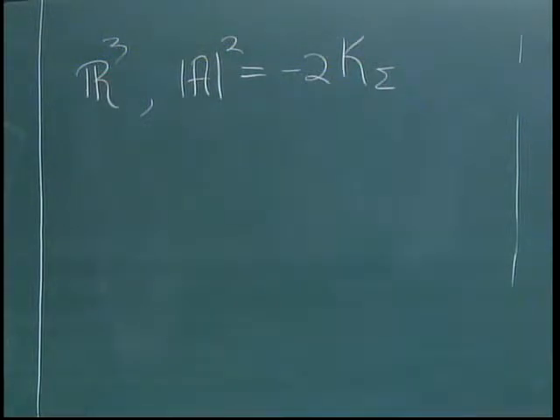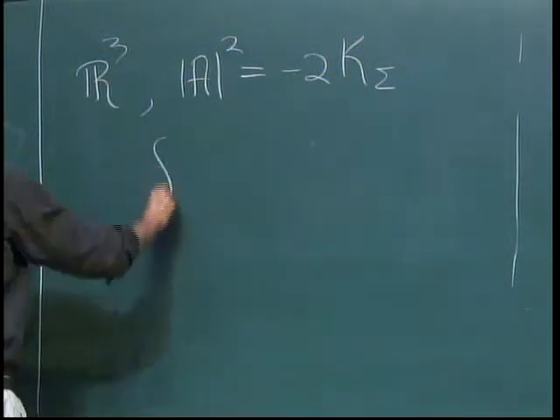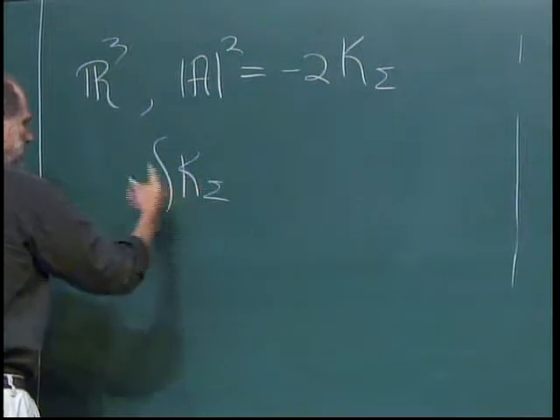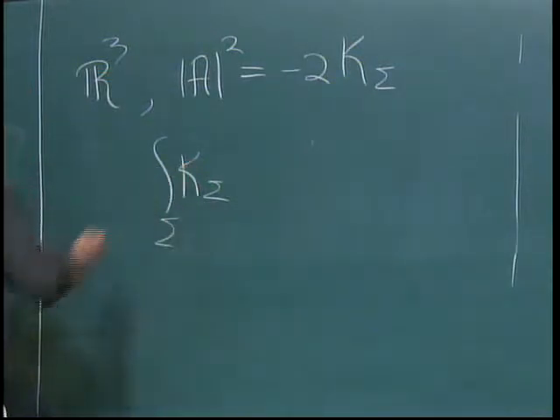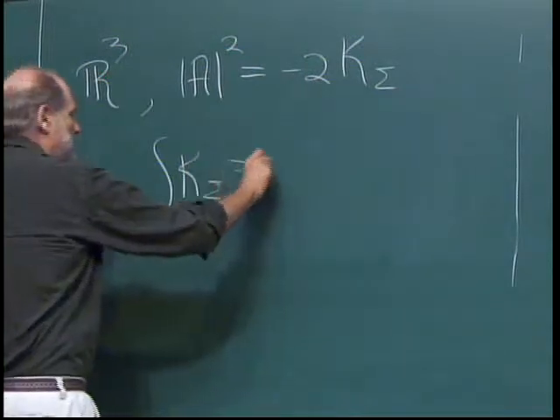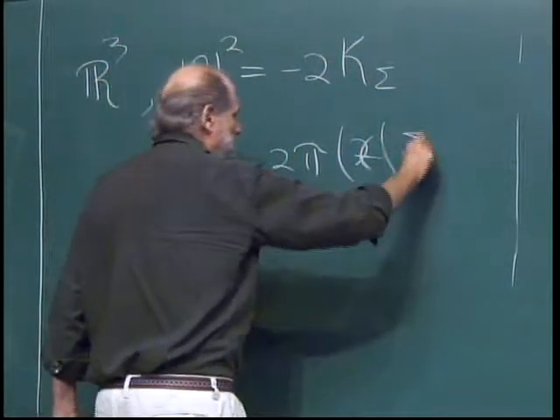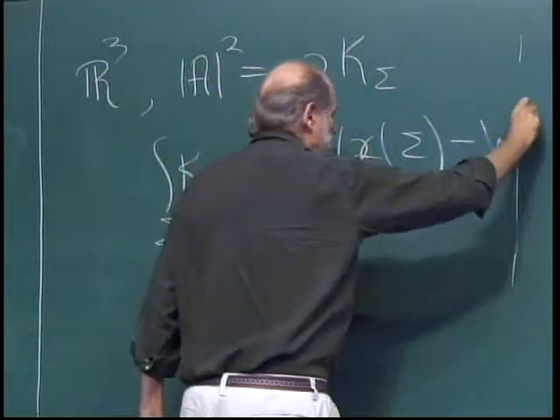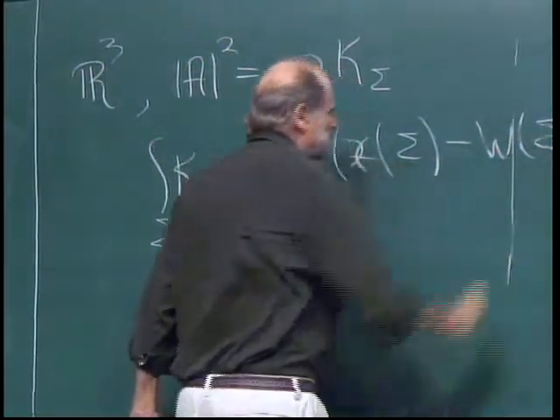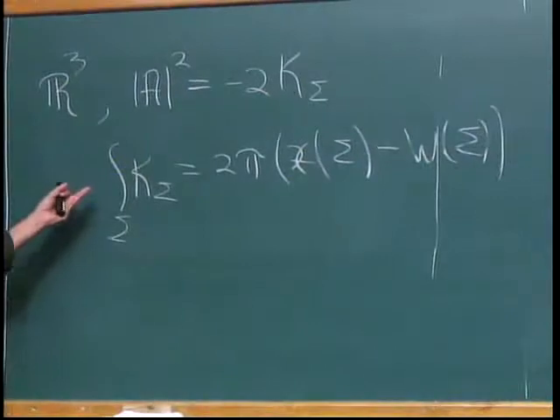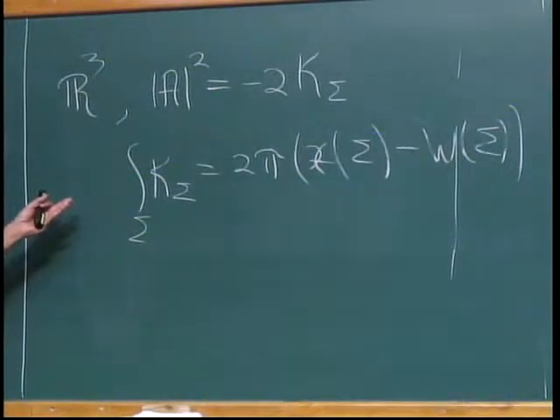And in R3, one usually writes this formula as the total curvature, in this sense the integral of the Gaussian curvature, the intrinsic curvature, is equal to 2 pi times the Euler characteristic minus the winding number. When you write it this way, you're seeing a Gauss-Bonnet type theorem.